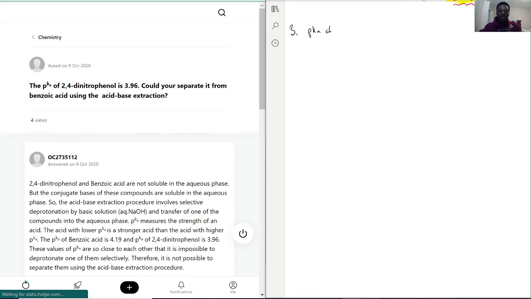Okay, can you separate it from benzoic acid using acid base extraction?